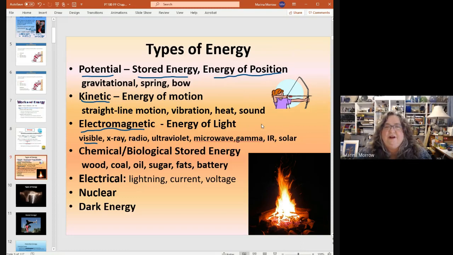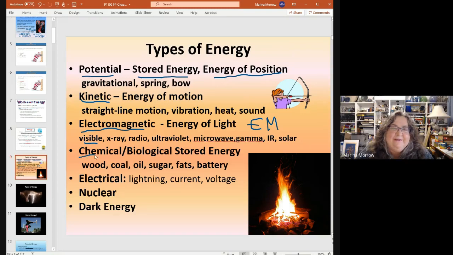For short, you can write EM for electromagnetic. And you know that energy is coming from the sun. The sunlight warms the sidewalk, warms your face. You have received energy from the sun.